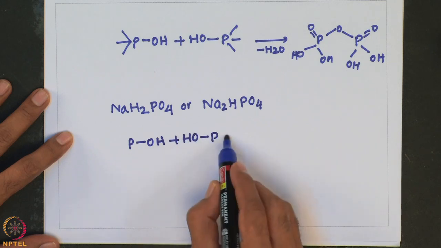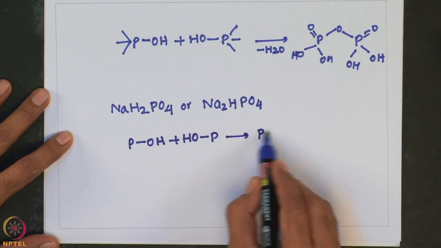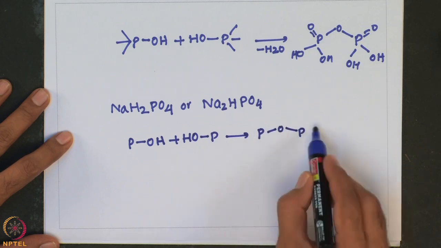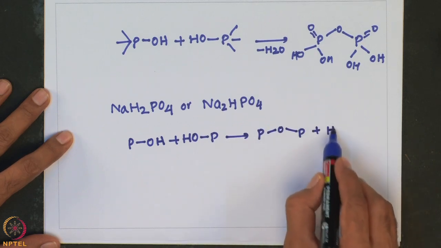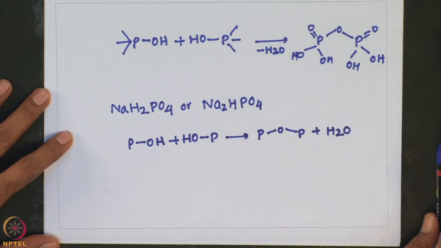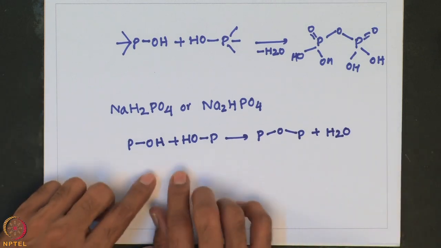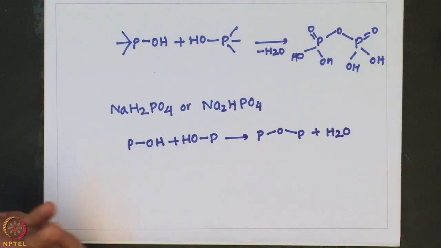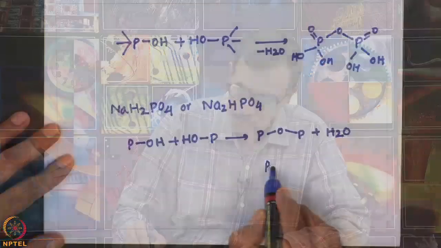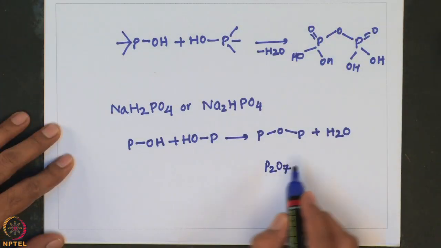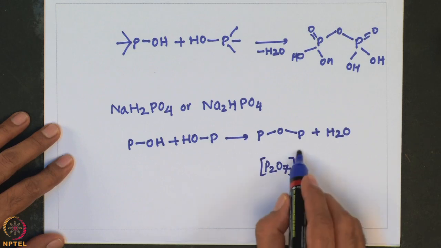So, in a very simple way one can represent these reactions in this fashion to form POP linkages through the elimination of an equivalent of water for the condensation of 2 POH bonds. So, when disodium hydrogen phosphate is heated, the pyrophosphate is formed. Okay. So, pyrophosphate is essentially P2O7 4 minus.